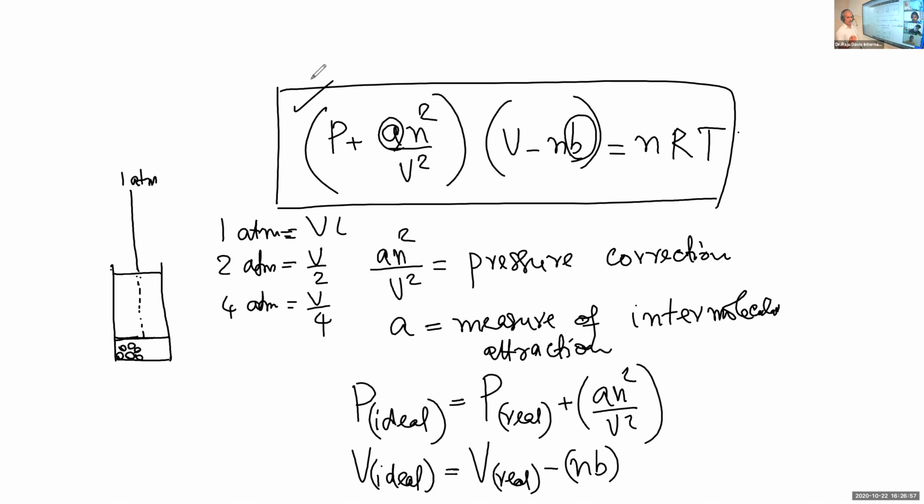Usually it is seen that when pressure is low and the temperature is high, the real gases tend to be more ideal. High temperature, low pressure, more is the tendency to approach ideal behavior for real gases.